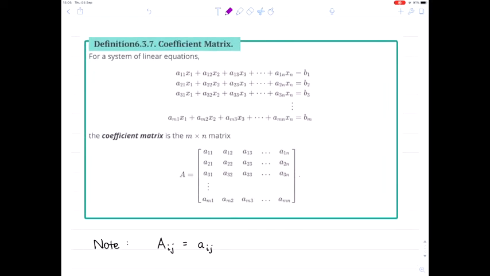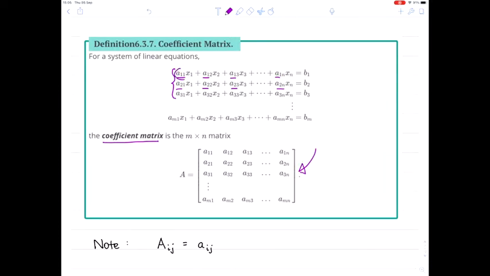So how does this relate to our systems of linear equations? Well, the first way it relates is we're going to create a matrix called the coefficient matrix by pulling out all the coefficients in order from our linear equations. You'll notice this was the notation that we used to define a linear system, and it was kind of clever because we can now use it straight away to pull out the coefficient matrix.